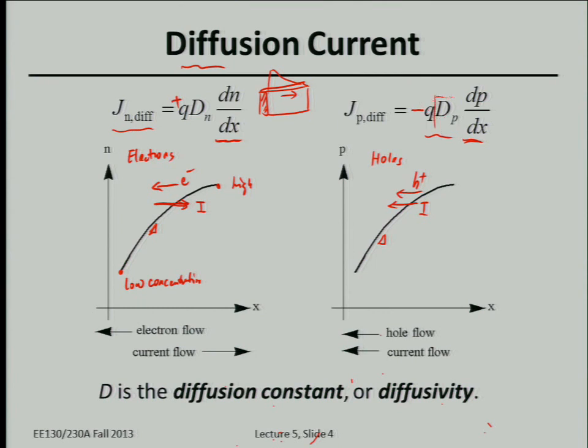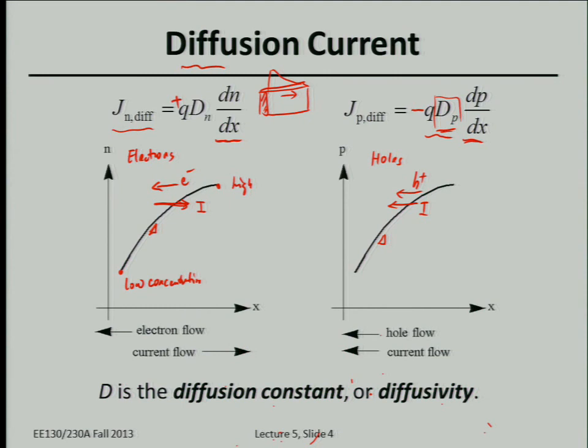Then the second term looks like a constant. It's independent of carrier concentration, and for first order approximation we assume it's independent of position, but that could change later. We call this constant the diffusion constant, or for simplicity, diffusivity.